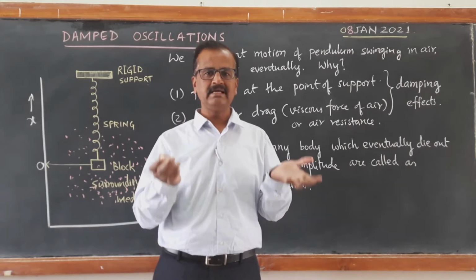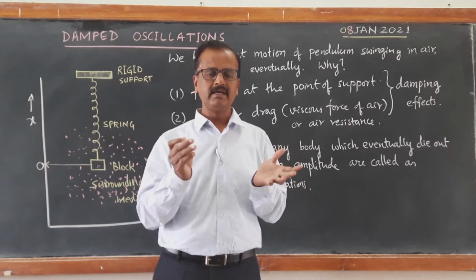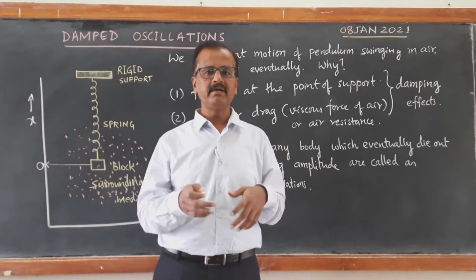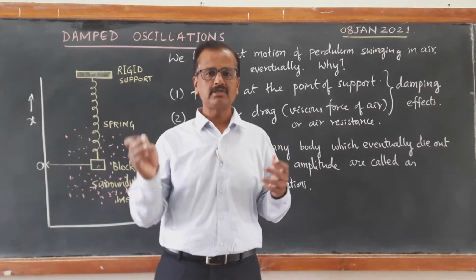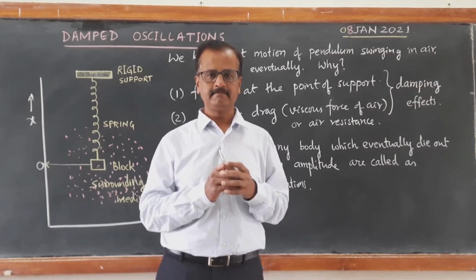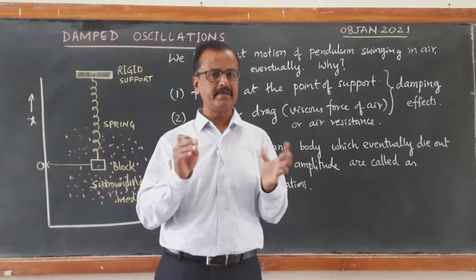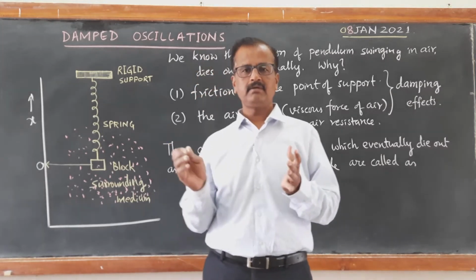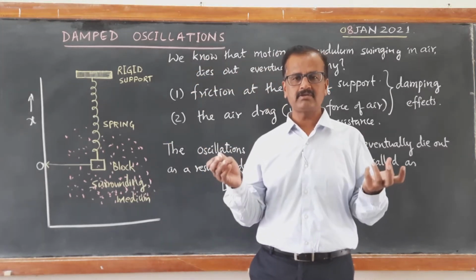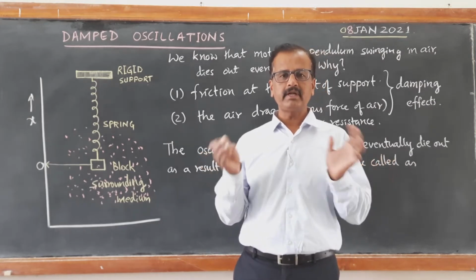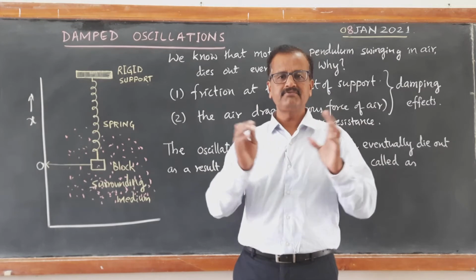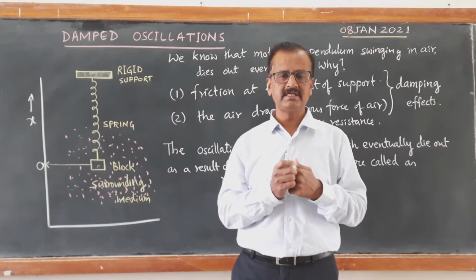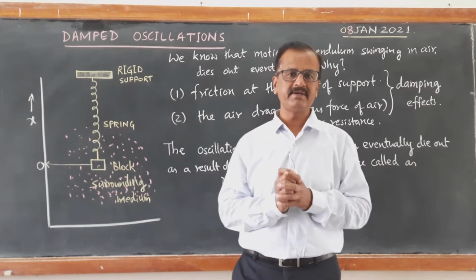If the experiment is done in a liquid like water or oil, then the damping effect will be greater and the oscillations will die out very quickly. So frequency may not remain constant, and such an oscillating body will not have constant angular acceleration if the damping effect is more. The angular acceleration will keep on decreasing. That is the meaning of damping effect.